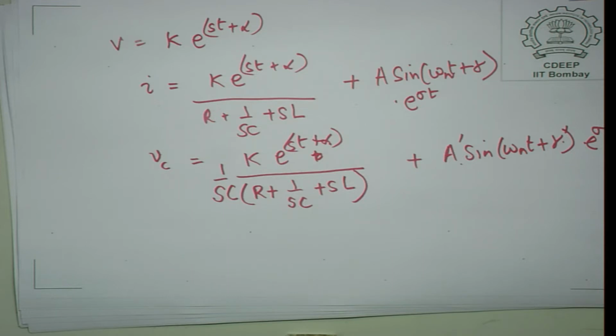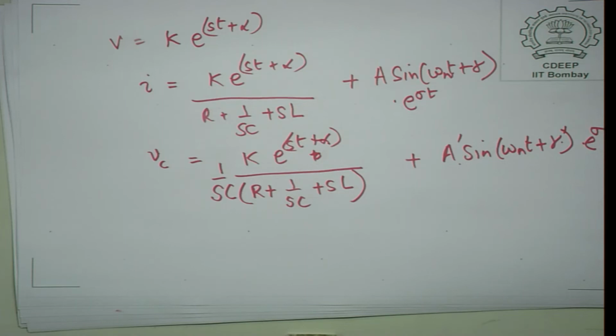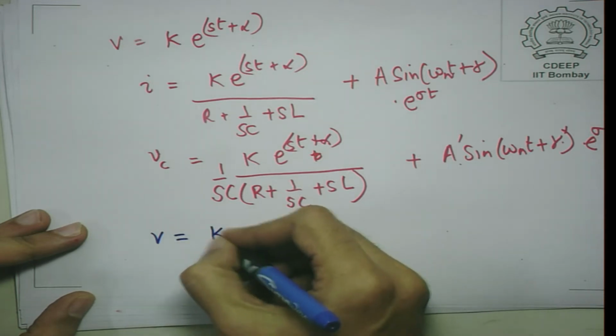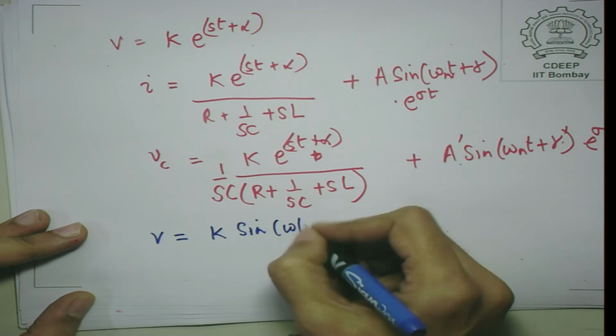So, that actually gives you directly the DC steady state if you plug in s is equal to 0. If you want to actually find out what happens if your input is sinusoidal, so suppose I want to find out what in case my input is sinusoidal, that is, if V is k times sin omega t plus alpha.